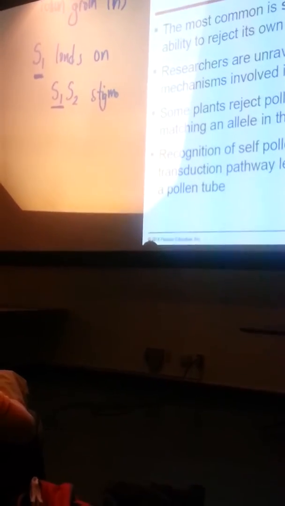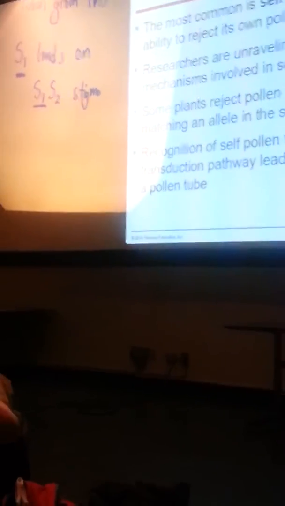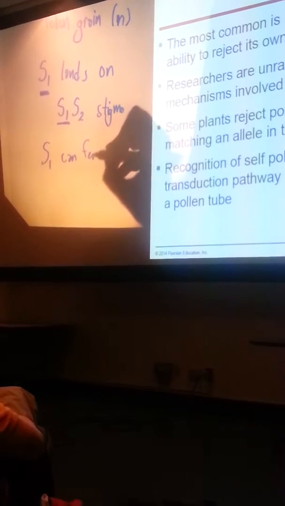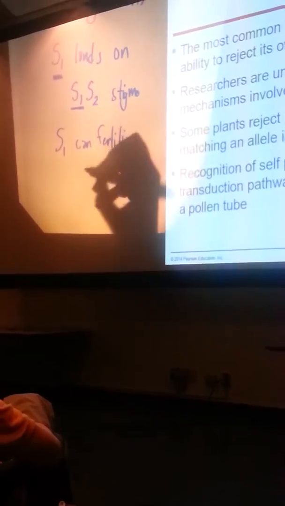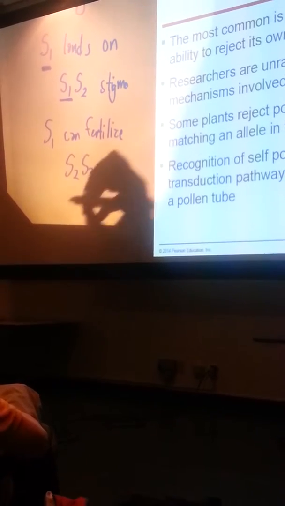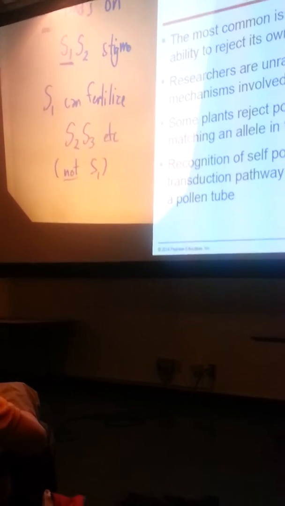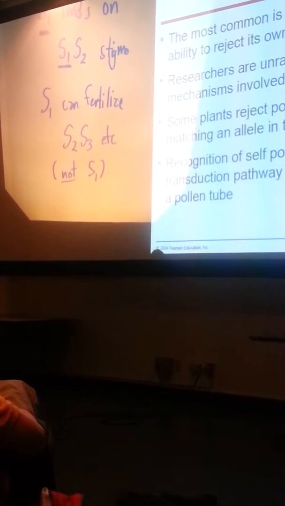So if a plant engages in the gametophytic variety, an S1 pollen grain from that species can fertilize anything that doesn't have an S1. So it could do an S2, S3, etc. Just not an S1 allele. That's the gametophytic, determined by the male gamete.